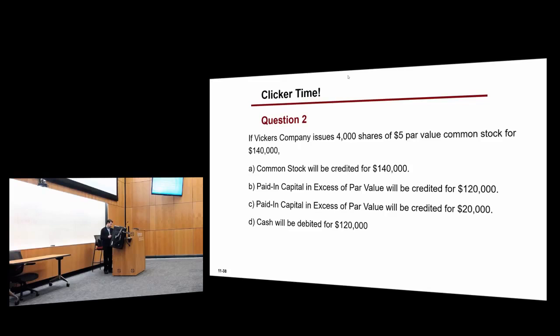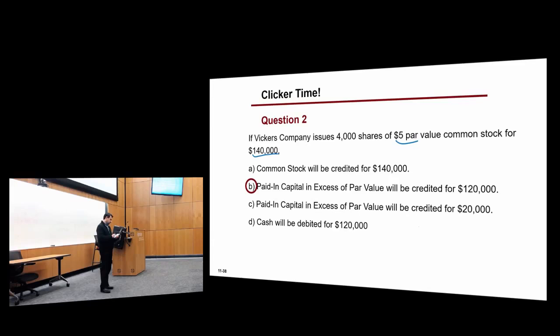So in this case, again, write the journal entry. How do you write the journal entry for this one? We have a company that sold those stocks. They issued those stocks for 140,000. That's the amount of cash that the company received. Par value is $5.